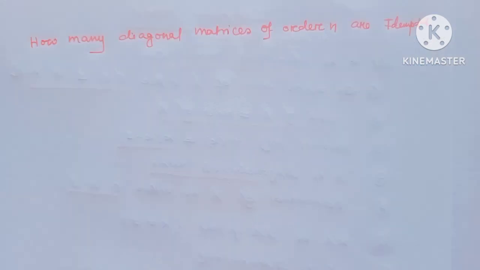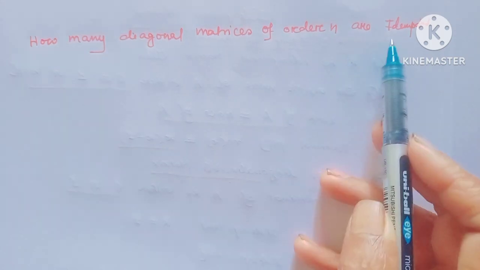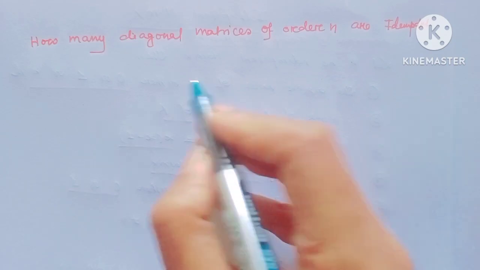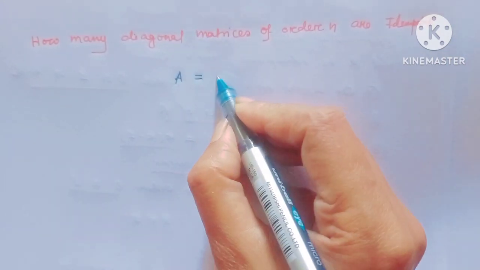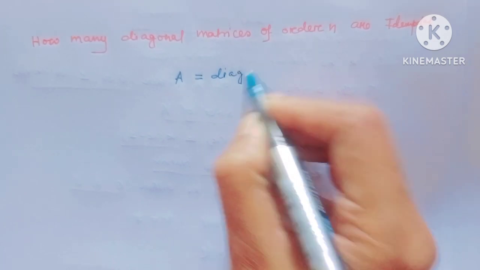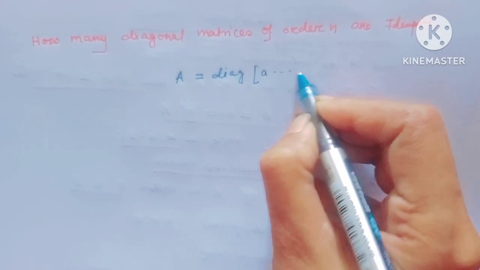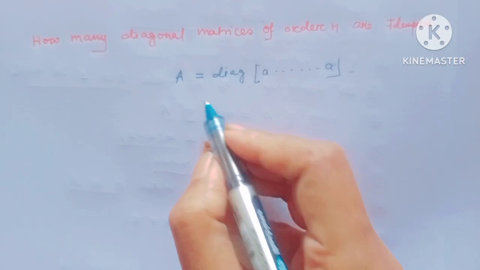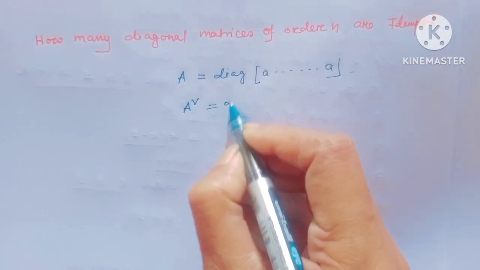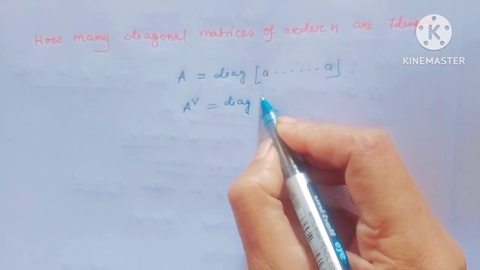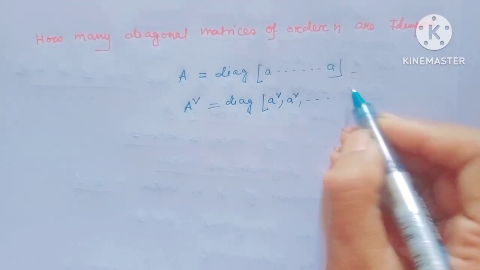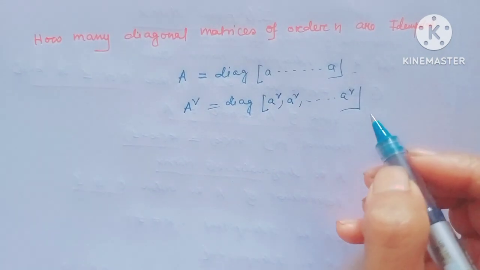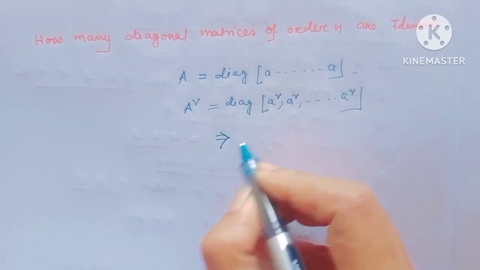Next question. How many diagonal matrices of order n are idempotent? Let A equal diagonal of a_i. Then A square equals diagonal of a_i square.